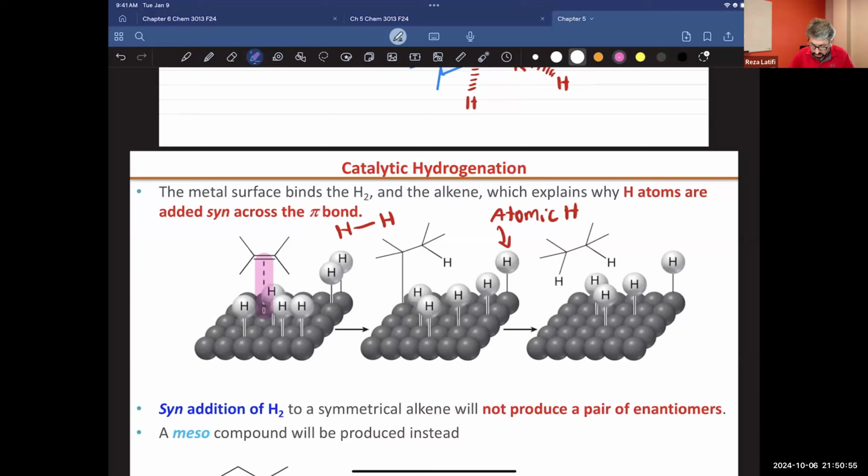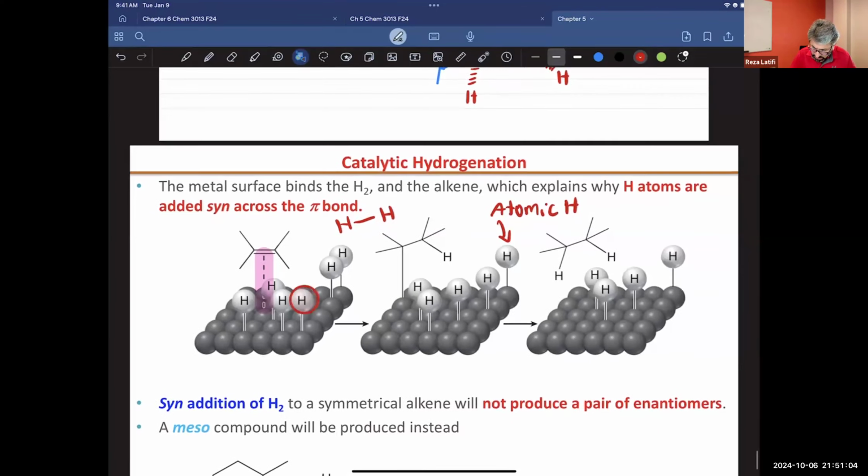Very soon, one hydrogen here, let's say, for example, this hydrogen, I'm going to pick one of them. This hydrogen will be given to the double bond, and now we have hydrogen attached to carbon, and this carbon is saturated now. Now this carbon still is not saturated.